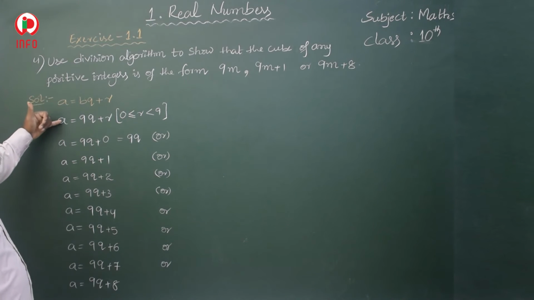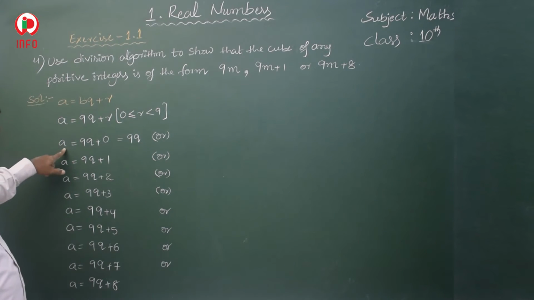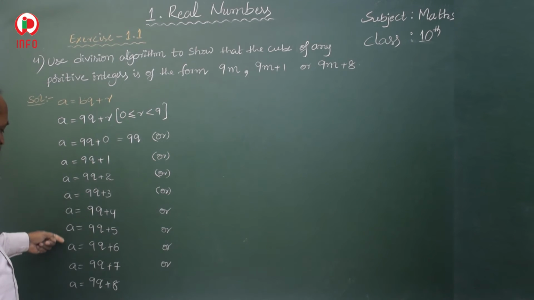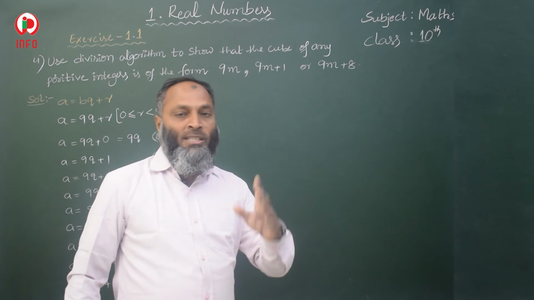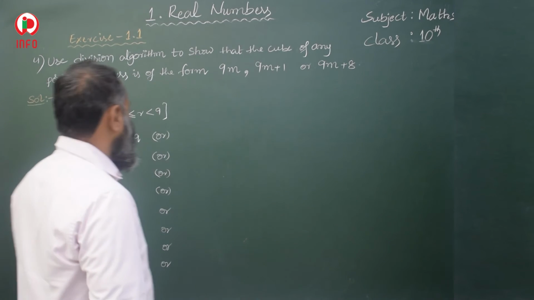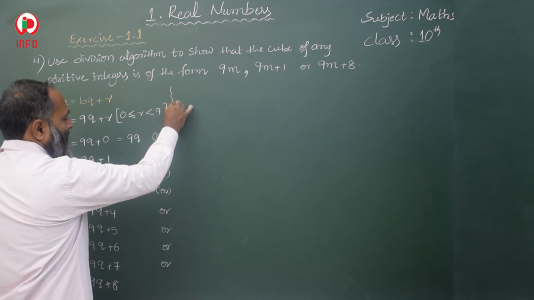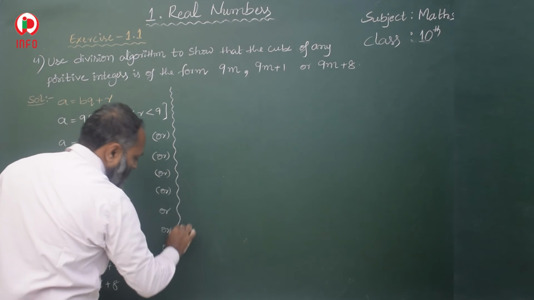Total how many? 1, 2, 3, 4, 5, 6, 7, 8, 9. So we are getting 9 remainders, so 9 statements you will get. This is about Euclid's lemma, Euclid's division.